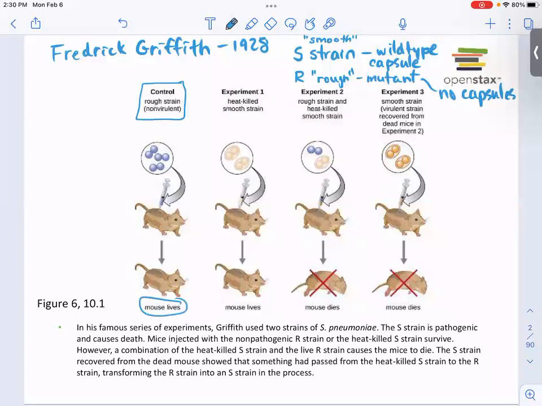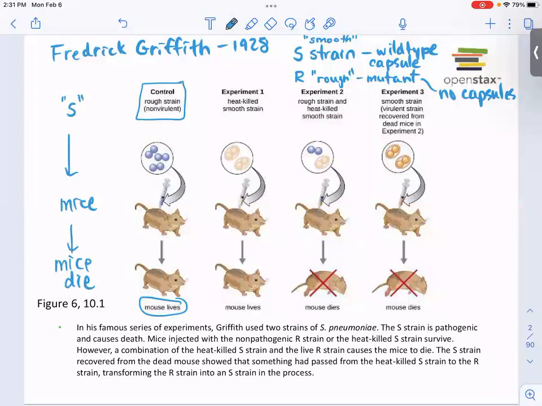I don't even know if the mouse got sick. That strep pneumoniae couldn't establish itself in the lungs of that organism. When he injected the S strain into mice, the mice would die. The wild type strep pneumoniae, you give those mice a good enough dose and they'll die from the infection.